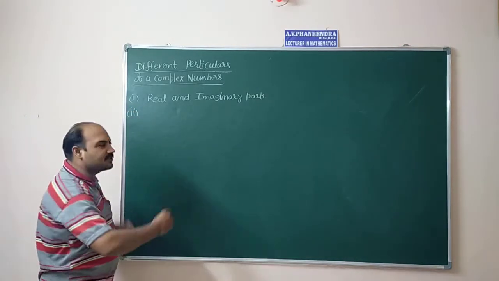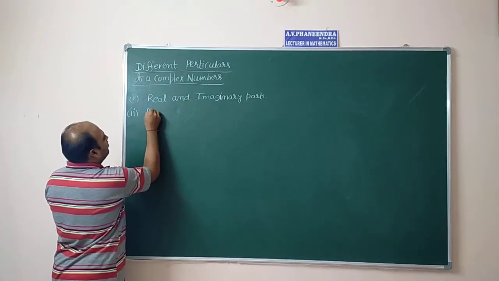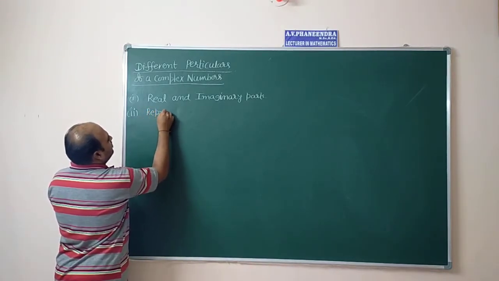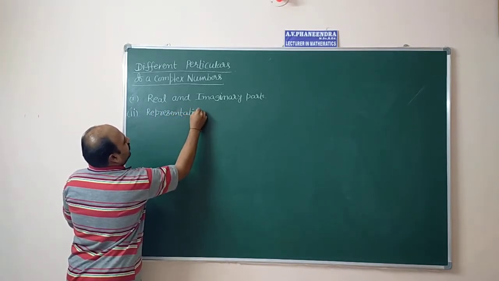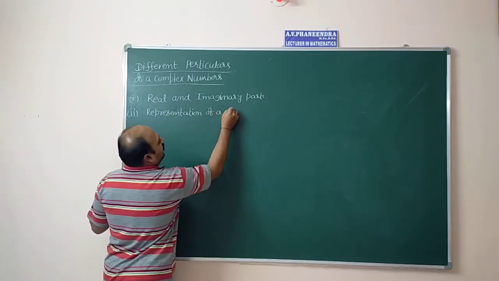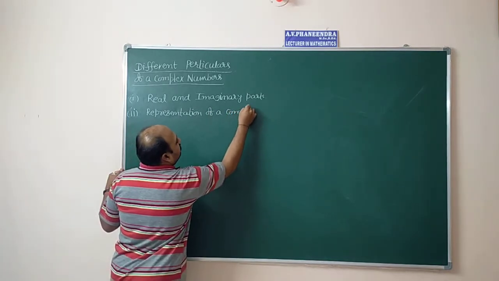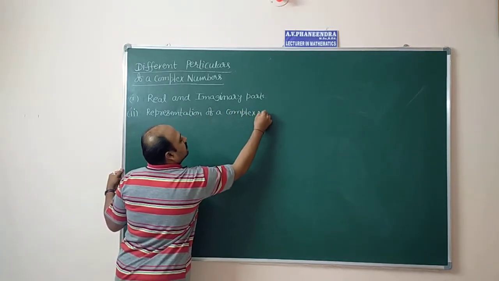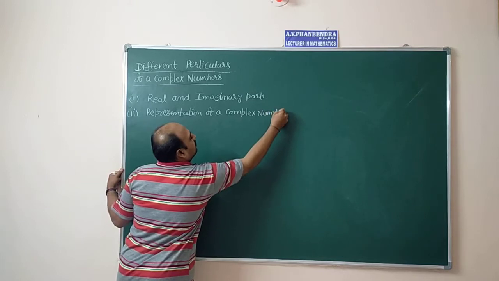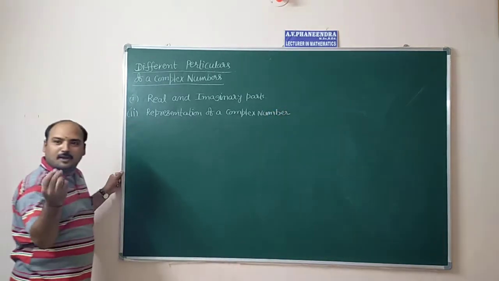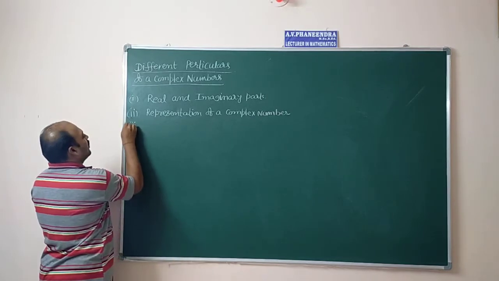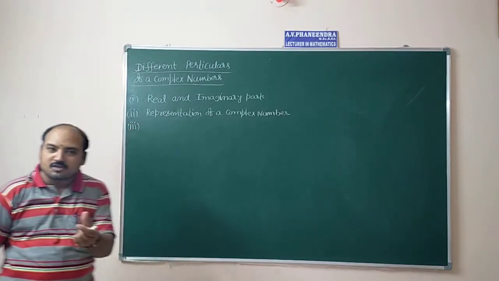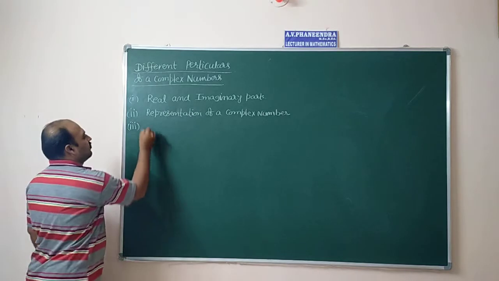Second one, representation of a complex number in the Argand plane. The third point, modulus of a complex number.